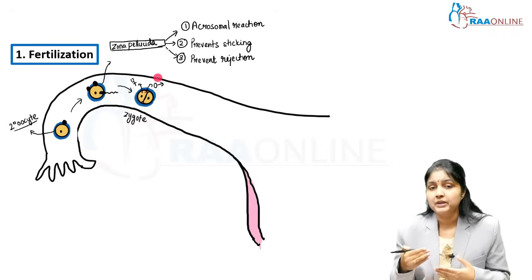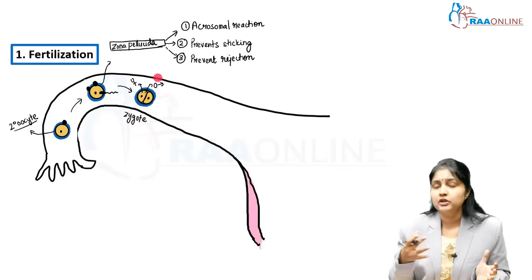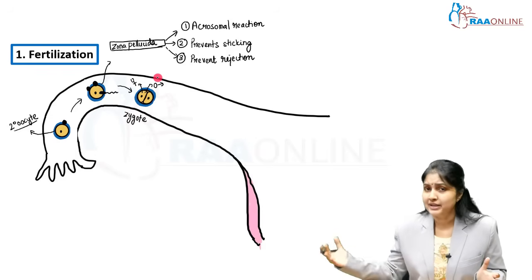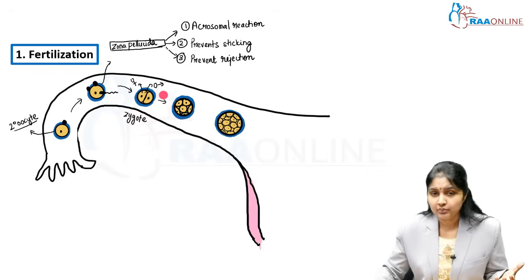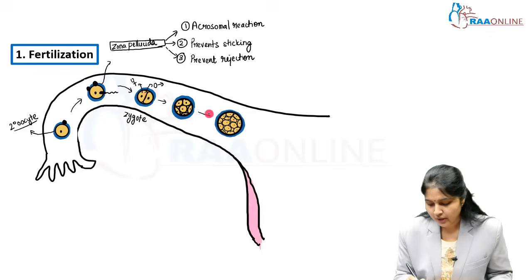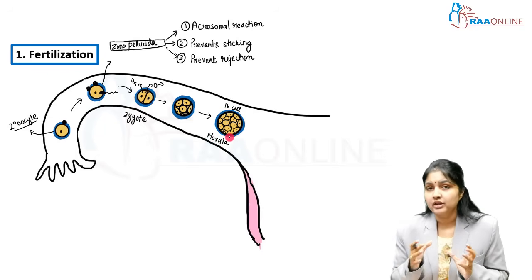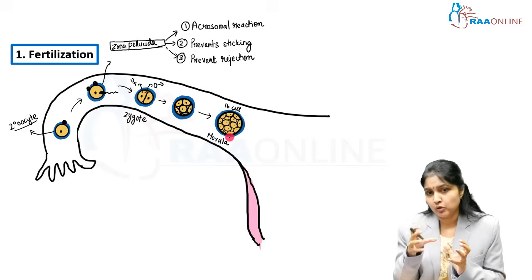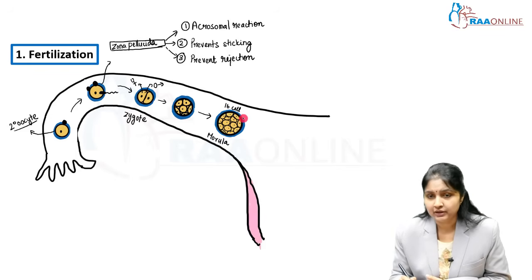This zygote will keep dividing exponentially from 2-cell to 4-cell to 8-cell to 16-cell and so on, and keeps growing in number of cells, and at one point it will go to a 16-cell stage. This is called the morula, and it will look like a mulberry with a lot of small projections around it. You can see that it is still covered by the zona pellucida.